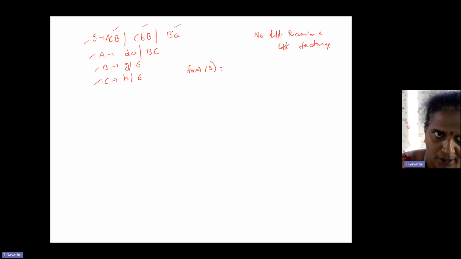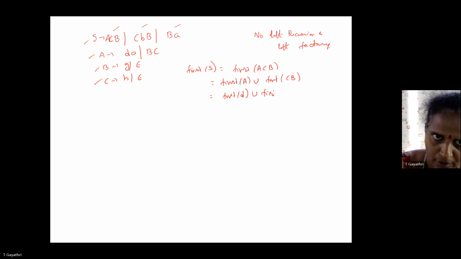Three productions are there. So first I can start with first of ACB, union first of CbB, union first of Ba. First of A: for A we have two productions, that is first of Da, the terminal, union first of BC.